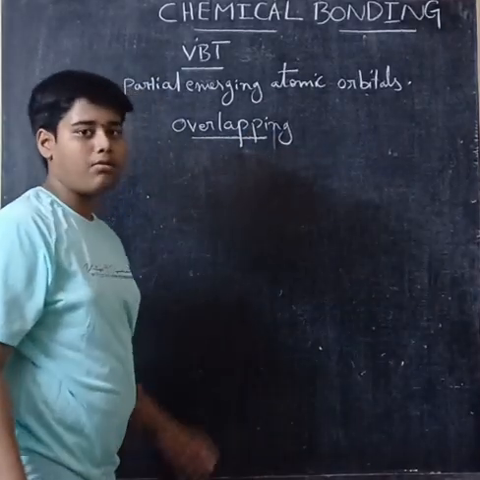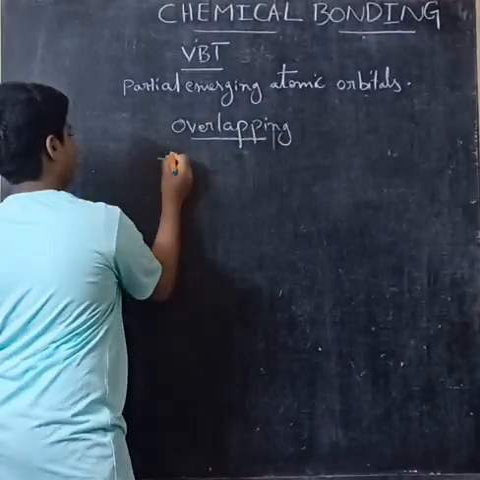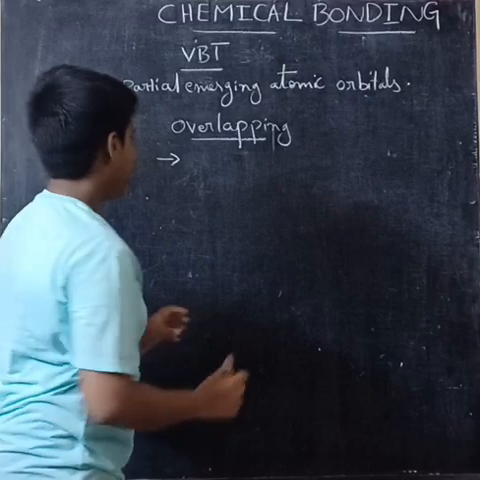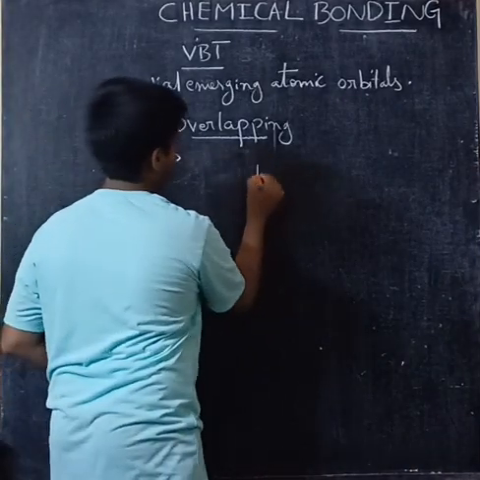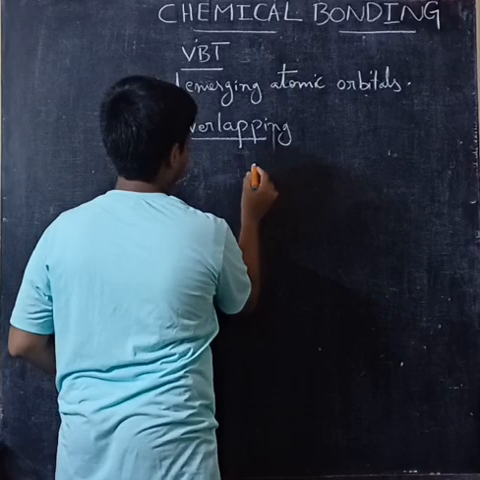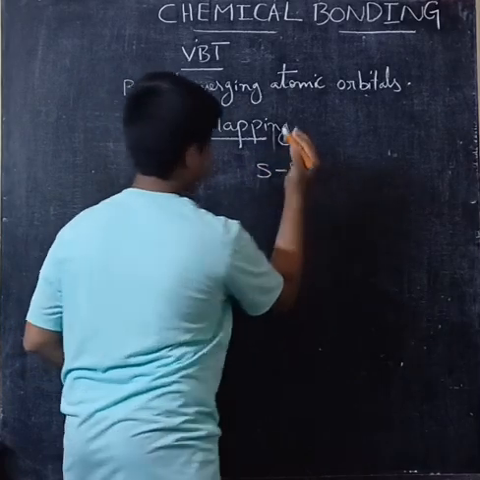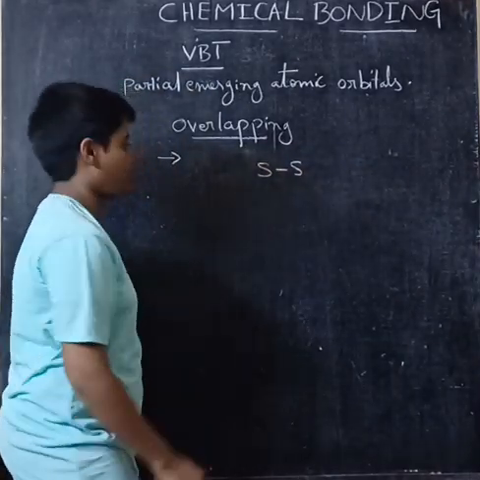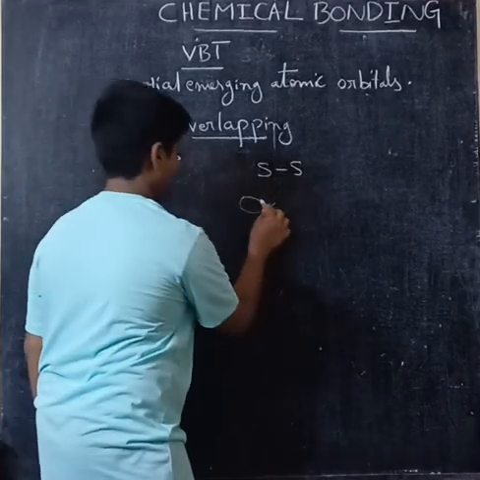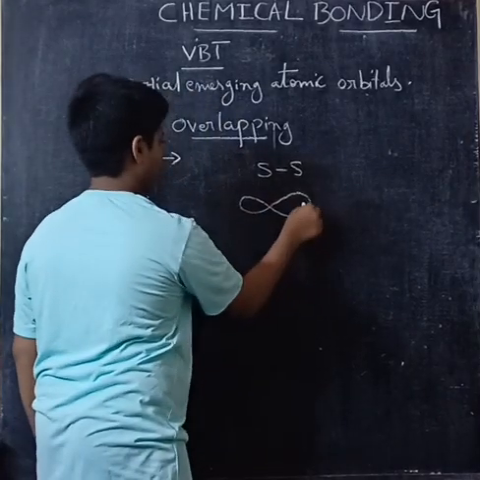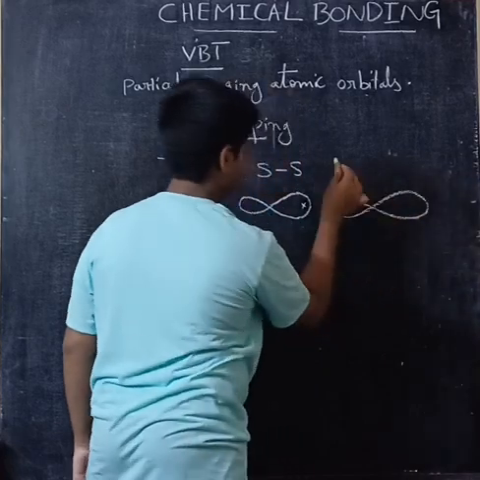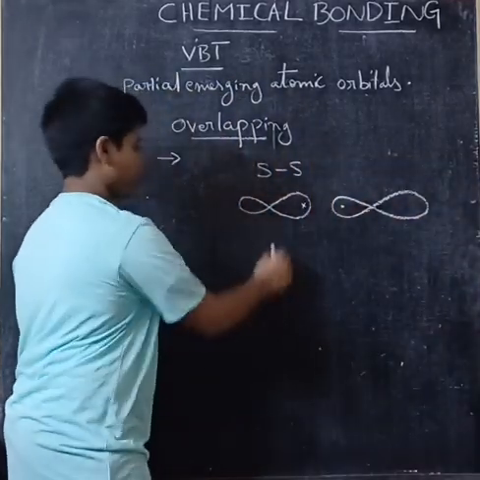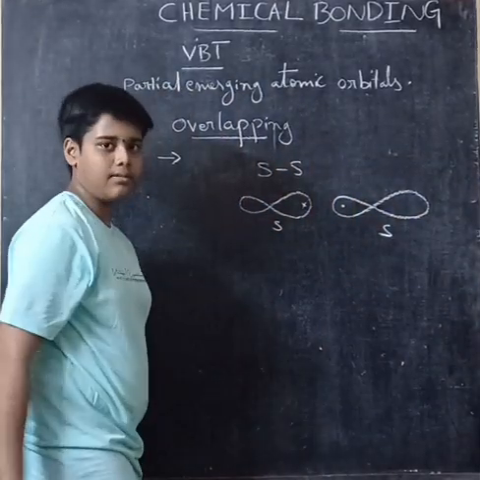Overlapping. So overlapping is, for example, SS overlapping. SS overlapping means, take this as an s orbital, and here one electron is there, and take this as another s orbital, one electron is there, s orbital, s orbital.